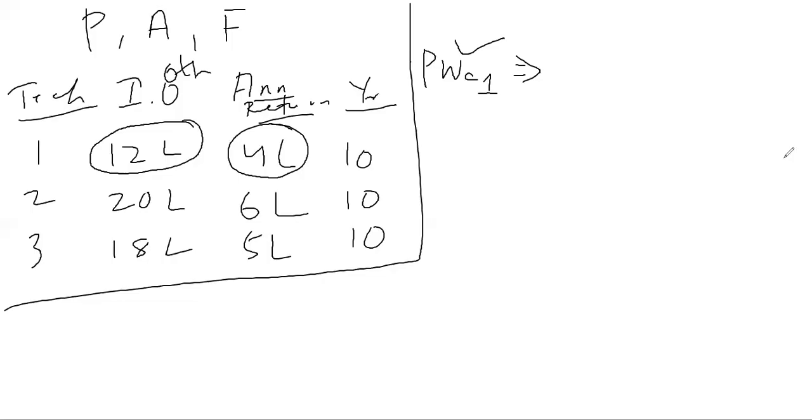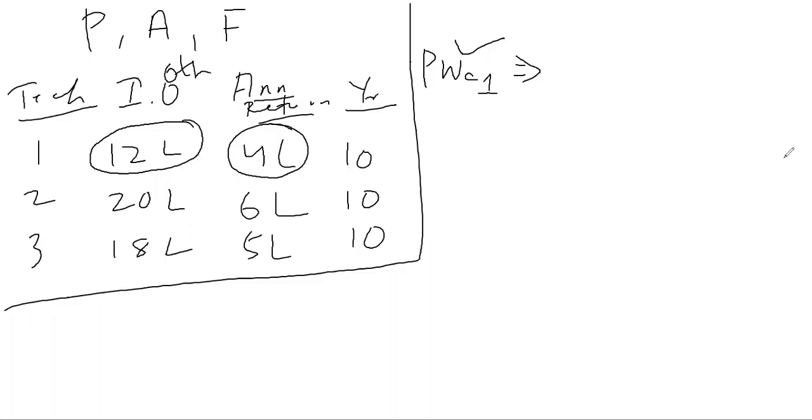What is your annual return? Which variable is this? Fast, you're just identifying the variable. Annual return is which variable? A. It is your A variable.